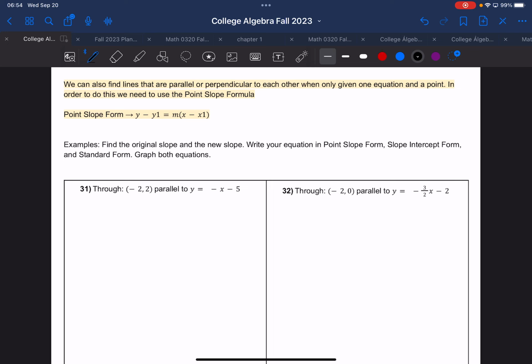So the important part from here is that point-slope form. Point-slope form we write as y minus y1 is equal to m parentheses x minus x1. Okay, so that's the formula we're going to be using for the rest of these problems. So what we're going to do is find that new equation and then graph it.